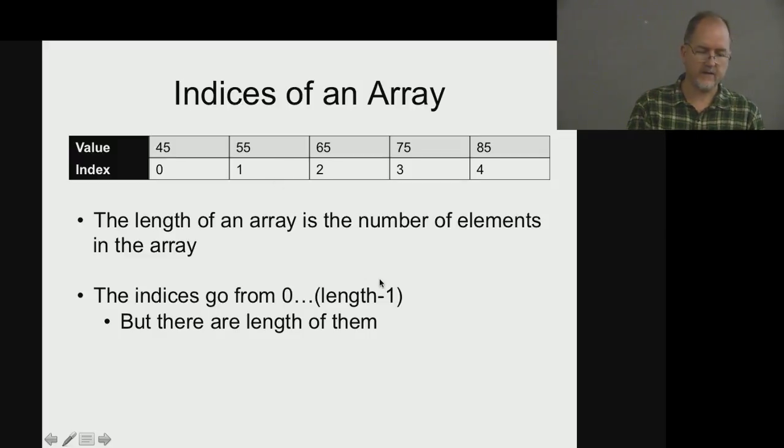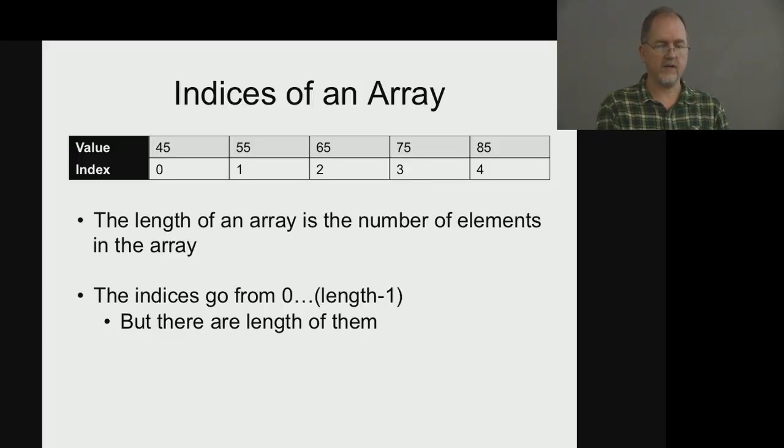So if I wanted to look at that 55, I would ask for the item at index 1. If I wanted this one, I'd ask for the item at index 3. So we use the index to get to the parts of the array. We can't just say, give me the whole thing, or give me the 75. We're going to instead say, tell me which one is stored at the position at index 3, and it tells us that.